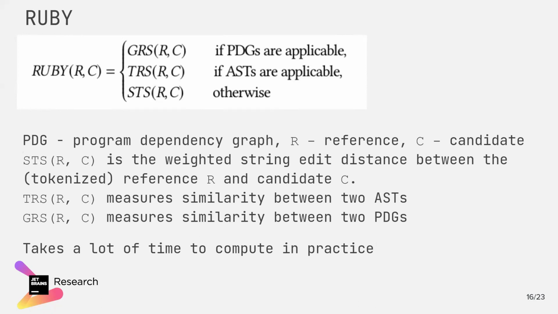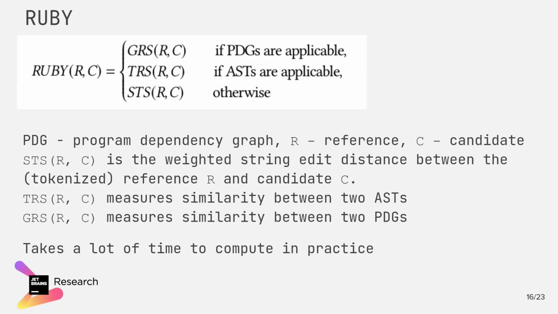So the most involved metric is GRS, which is basically measuring the similarity between the program dependency graphs of the reference and the candidate, using the approximately computed edit distance between the 2 graphs.